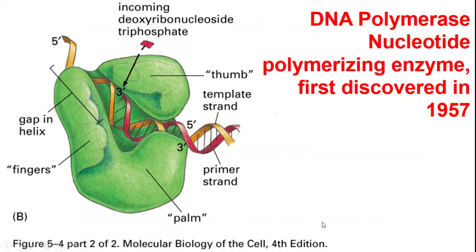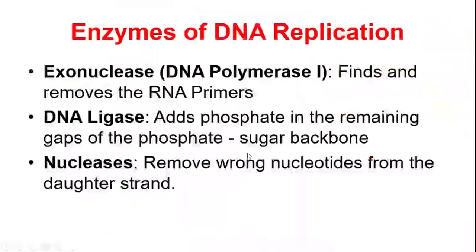The enzyme actually looks like the palm of your hand, you understand? You can see the thumb is actually trying to hold the DNA molecule. The fingers are seen on this side. Then this is the thumb, and then this is the palm. So that is the structure and the form, the morphology of the DNA polymerase.